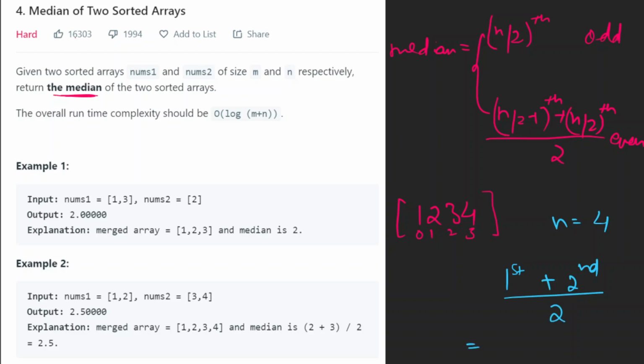The element at index 1 is 2 and the element at index 2 is 3, so that means (2 plus 3) by 2, which is equal to 5 by 2, and that is 2.5. And by the way, according to this problem, the output has to be in a decimal format. So for that reason, we are using either float or double values. So it's the value 2.5.